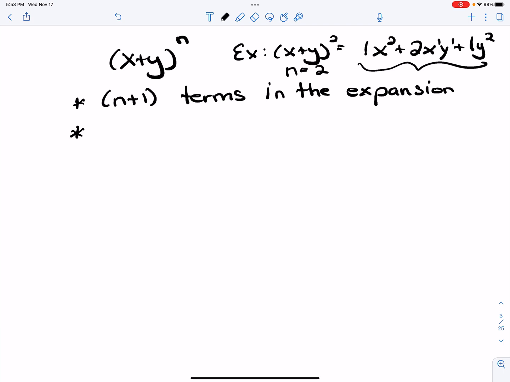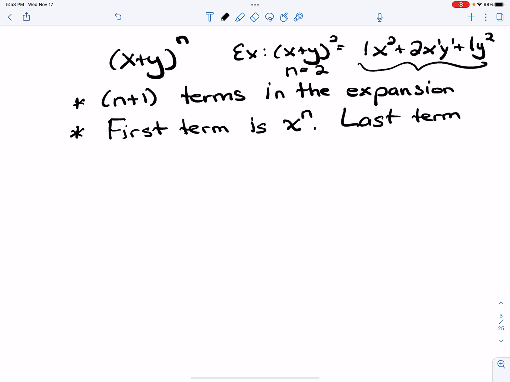The first term is x to the n. So the first term in this case was x squared. The last term is y to the n, in that case, y squared.